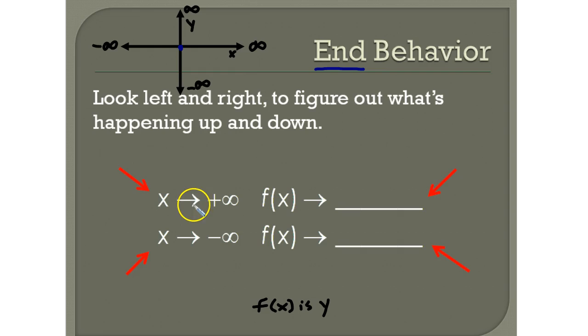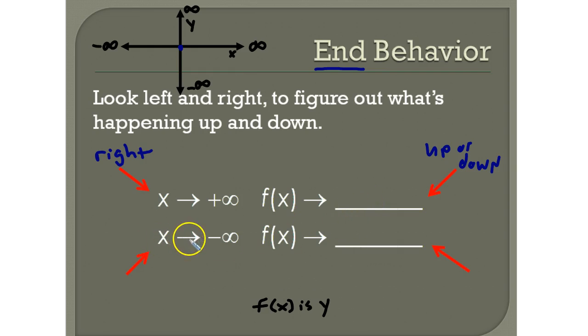So this is our fancy way of saying, when you're looking at the right side, what's happening to y? Since f of x is the same thing as y, is your function going up or down? Up is positive, down is negative. So all we want to know here is up or down, and that's really the answer for end behavior on the right side.